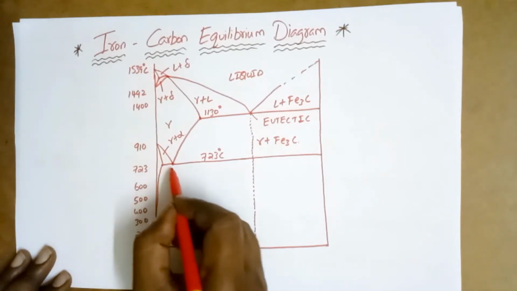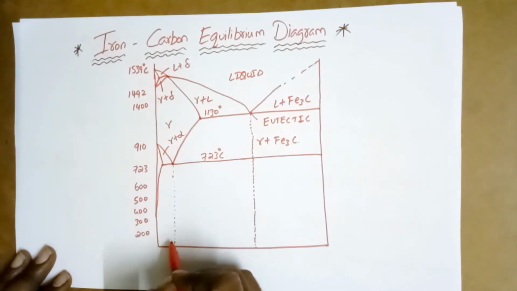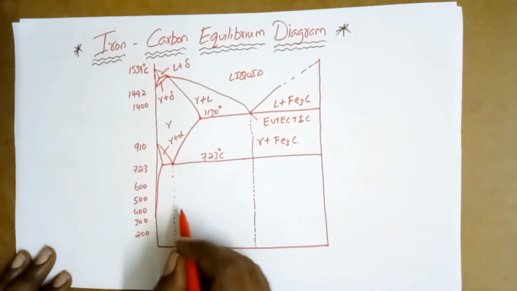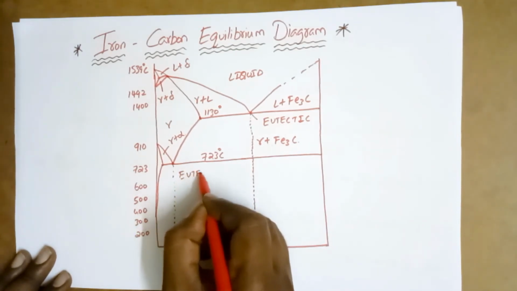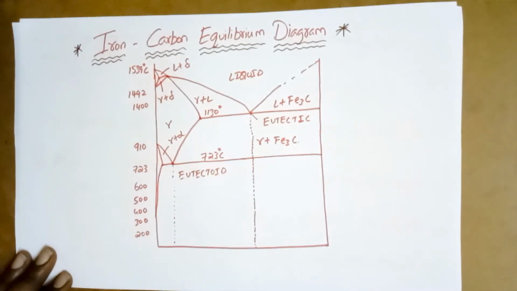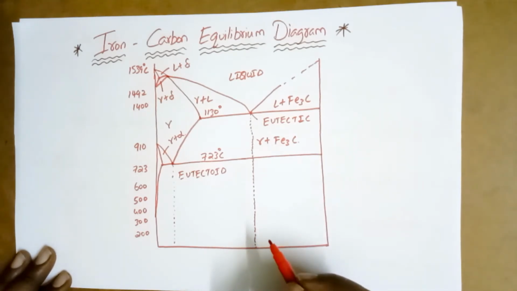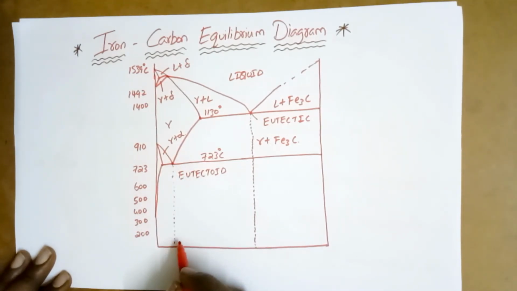We can see this dotted line; this is the eutectoid. How the phase is changing, we have to concentrate. At this eutectoid we can show the percentage of carbon starting from 0.